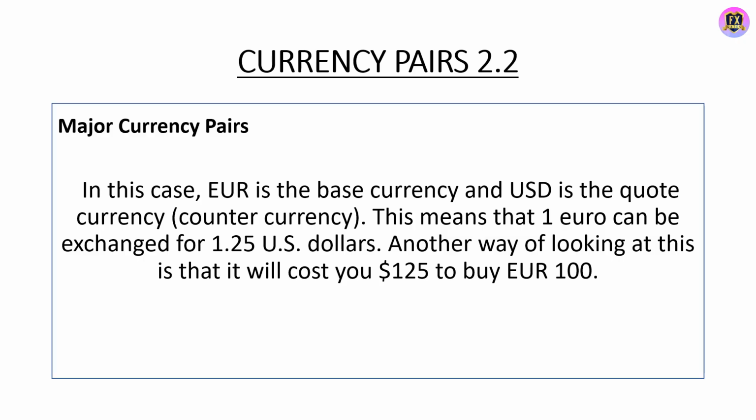In this case, euro is the base currency and USD is the quote currency, or counter currency. This means that 1 euro can be exchanged for 1.25 US dollars. Another way of looking at this is that it will cost you $125 to buy 100 euros.